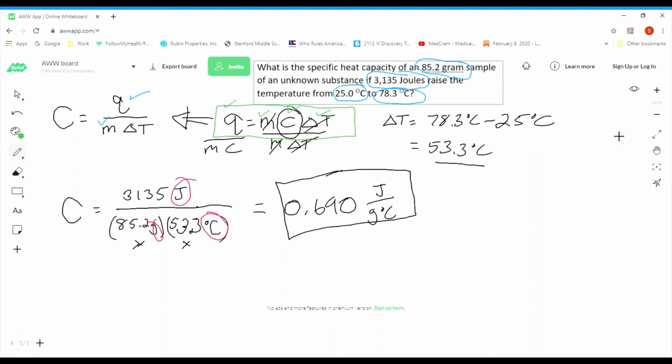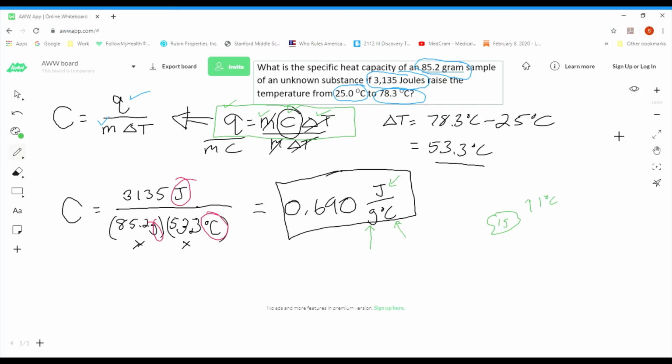Here we solved for c, the specific heat capacity. And remember what the specific heat capacity is. It tells you how much energy, how many joules, it takes to warm up 1 gram of this substance by 1 degree Celsius. You're taking a little chunk, 1 gram of this thing, and heating it up 1 degree Celsius.